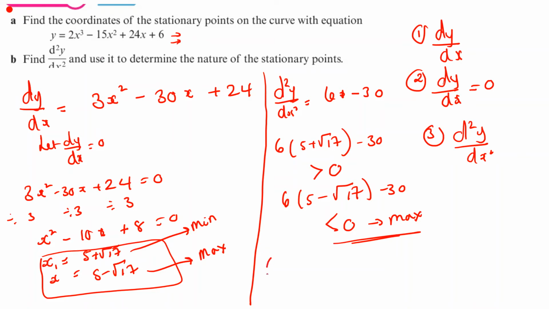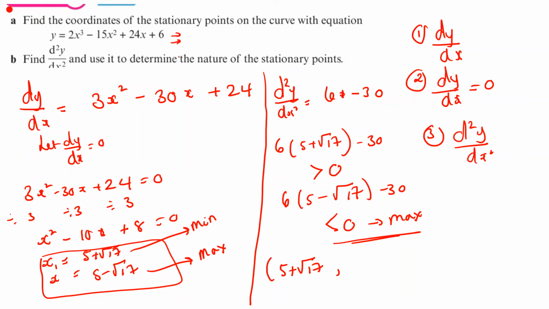So you take this, you place it back into the original formula for each one, and you get your points. So the first point we're going to write is 5 plus root 17. So we need our y value. We go back to the original formula and place in our x value there. So 2 open bracket 5 plus root 17 all cubed, minus 15 open bracket 5 plus root 17 all squared, plus 24 times 5 plus root 17, and lastly plus 6.